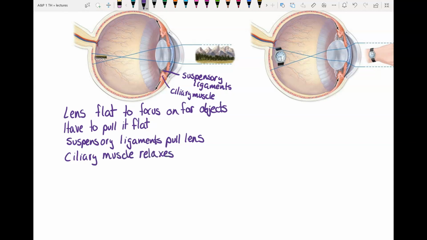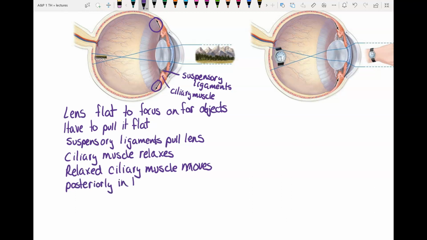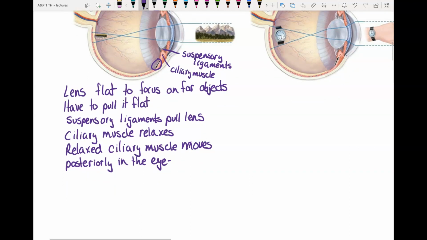When it's relaxed, you see this arrow? When it's in its relaxed position, it moves posteriorly in the eye. So a relaxed ciliary muscle moves posteriorly, it moves back. So this means it moves further away from the lens.